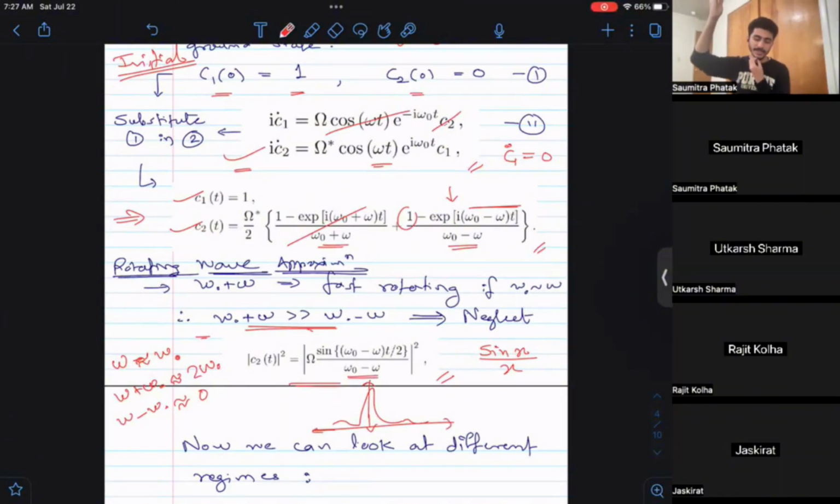So it has the maximum at the origin, and then it smoothens out and goes down as you go away from the origin.